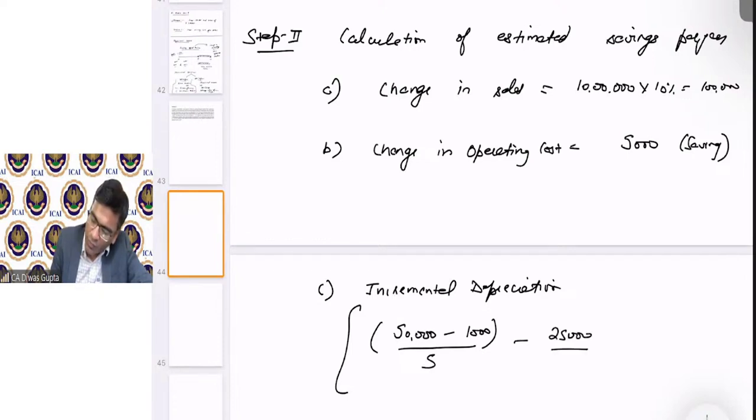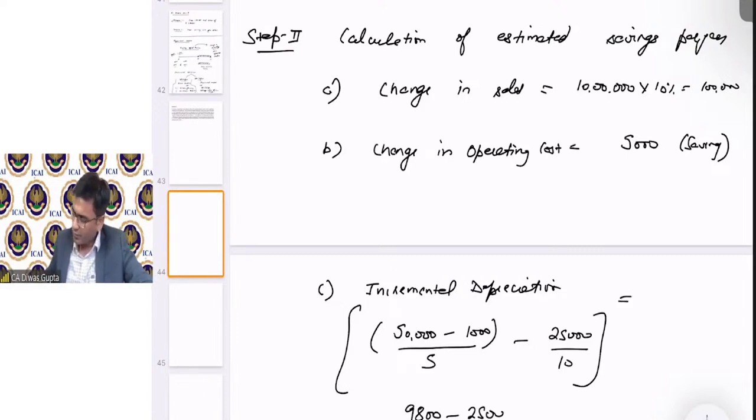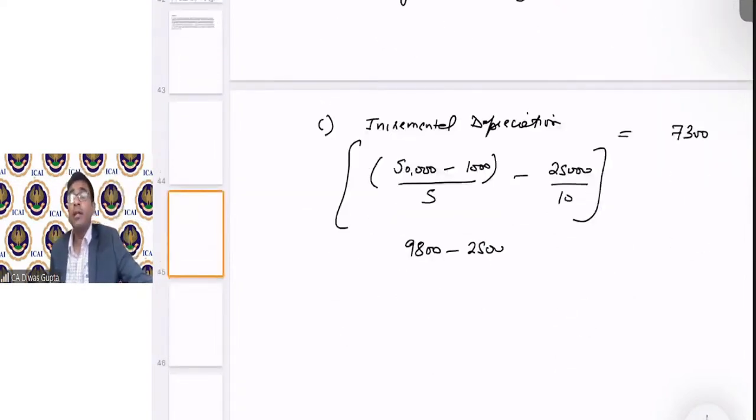So this would have been the incremental depreciation. So in a way, it means 9,800 minus 2,500, which is equal to 7,300. Okay. See, students, why we have calculated incremental depreciation: just to see the tax impact. Because there will be a tax impact.